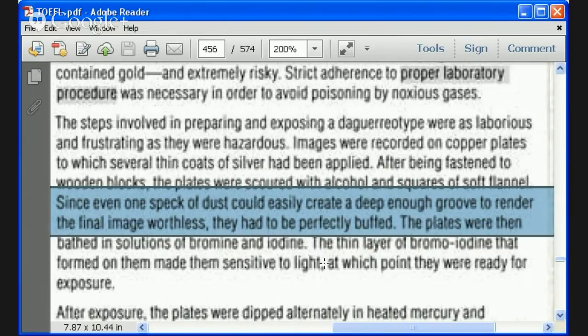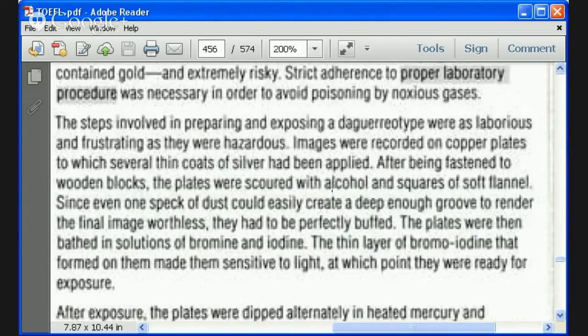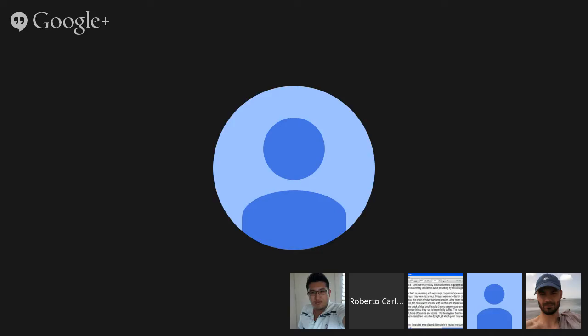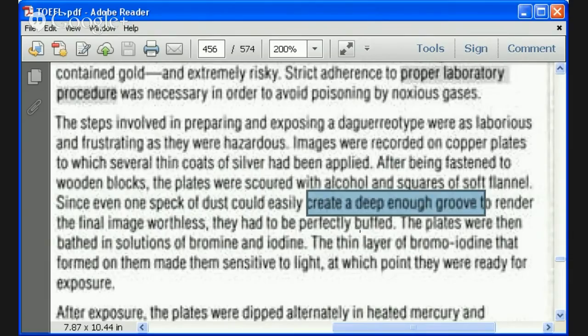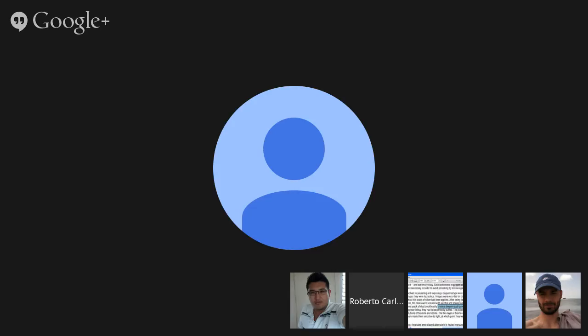Okay, so rephrasing it in your own brain and making it as simple as possible. Why do they need to be buffed? A tiny speck of dust could. All right. Could what? Can I see the answers?